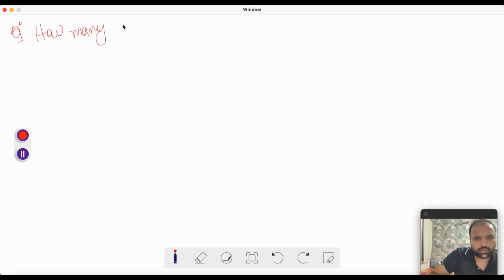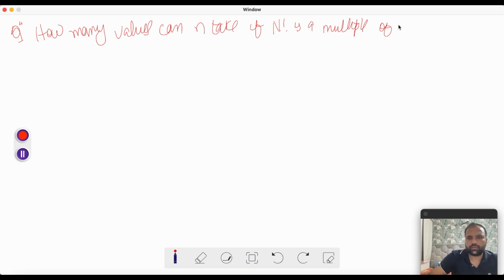How many values can n take if n factorial is a multiple of 3 to the power 16 but not of 3 to the power 22? Okay, so you can start again.